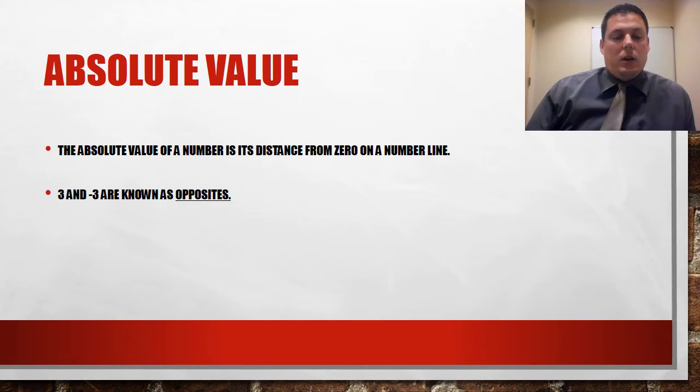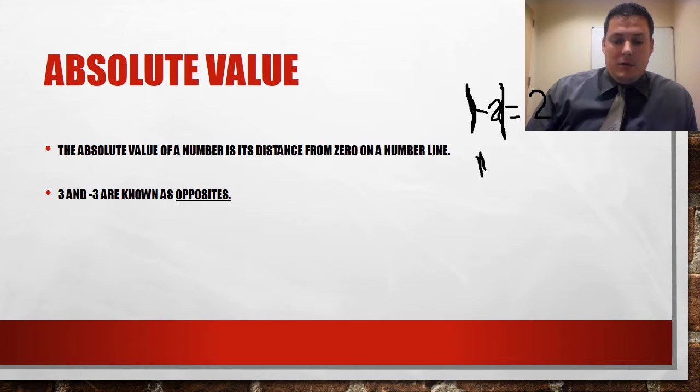All right, now we're going to talk about the absolute value. The absolute value of a number is its distance from 0 on a number line. All right, so if we have the number -2, its absolute value, which we write by using 2 bars on each side of it, is equal to 2, because it's 2 units away from 0.